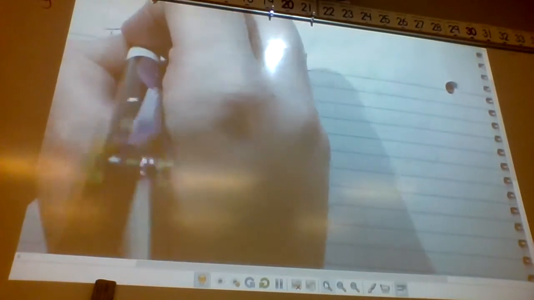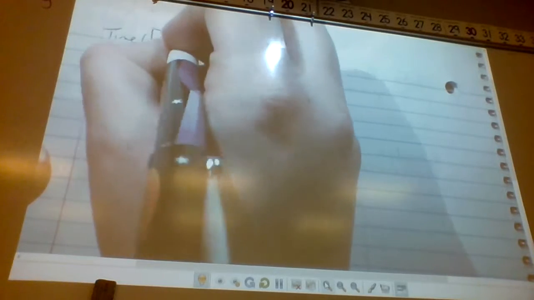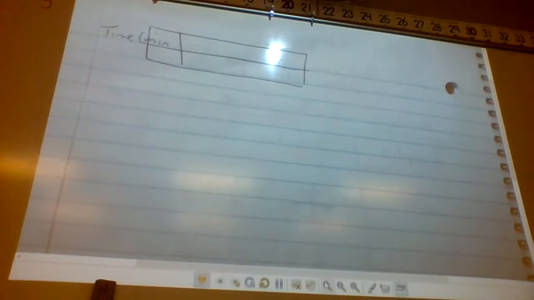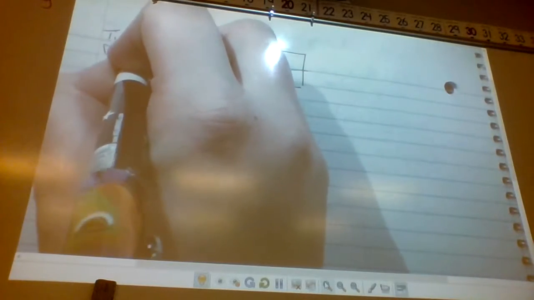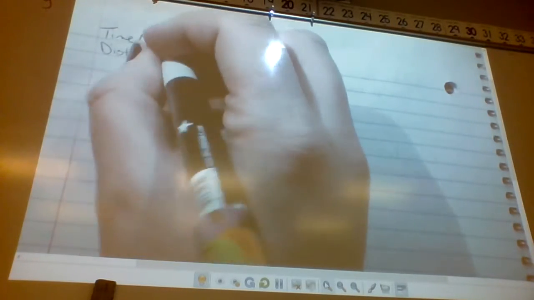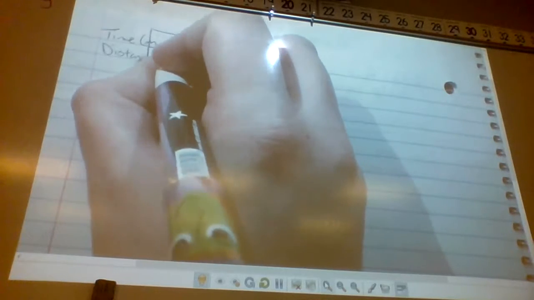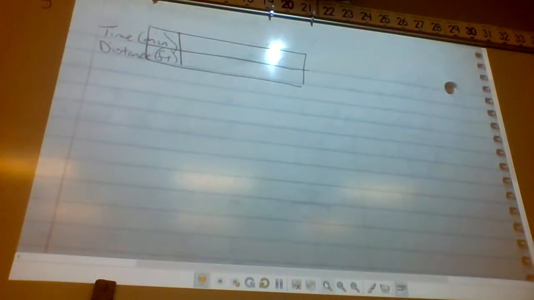Okay, we're gonna put this one as time in minutes, and yes, I'm overlapping, it's okay. And we're gonna put this one as distance in feet. Okay? I'm giving you an example of what you will see on your homework for today.